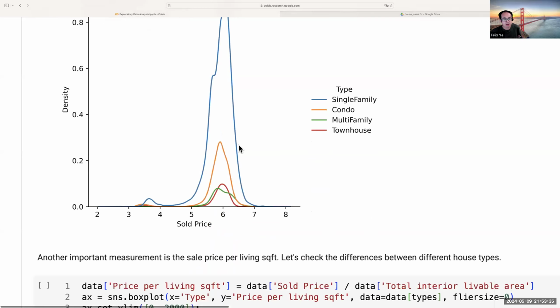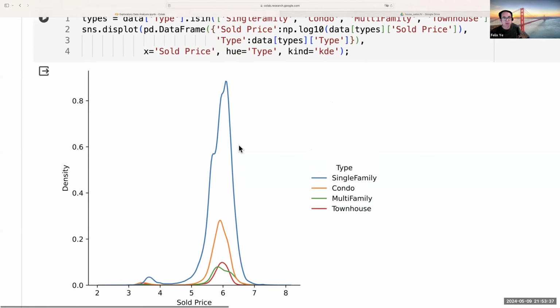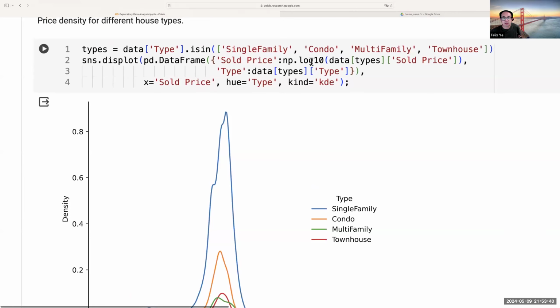Right here I'm going to take the logarithm of the price. This is a trick or data transformation that is used all the time. In fact, I'm going to talk about it later in the course. If some feature or target is strictly positive and you suspect it has very long tail behavior, one way is to take the logarithm of that.